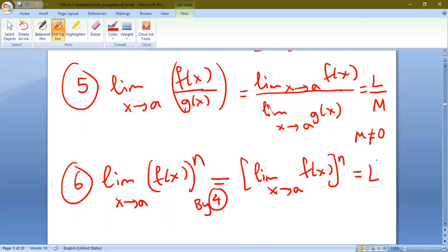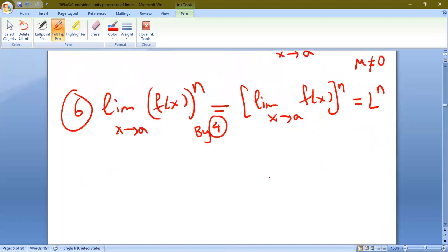So that's going to be L to the n. The other thing is limits of constant functions. c can be considered as a constant function, then the limit is simply c.